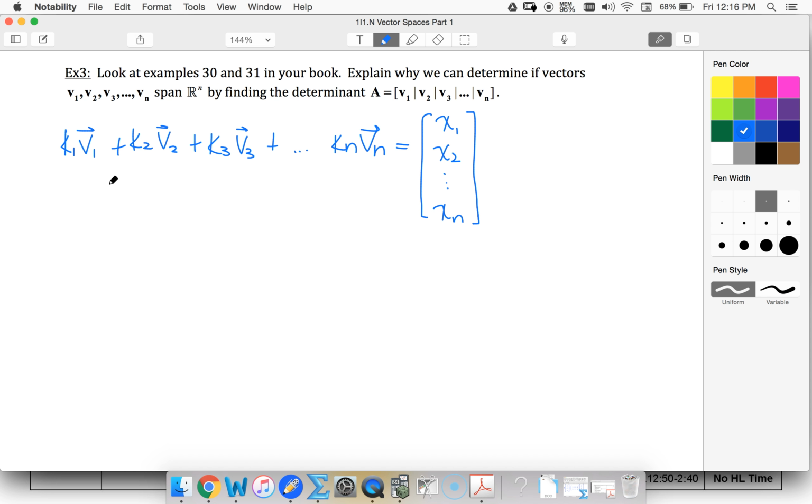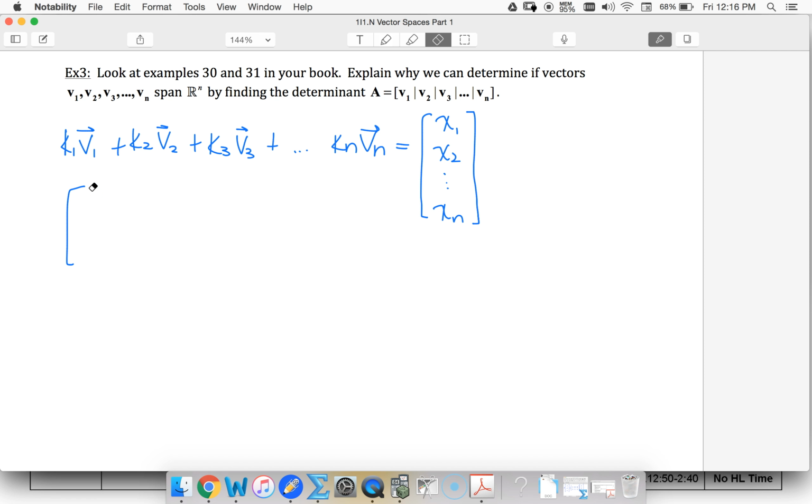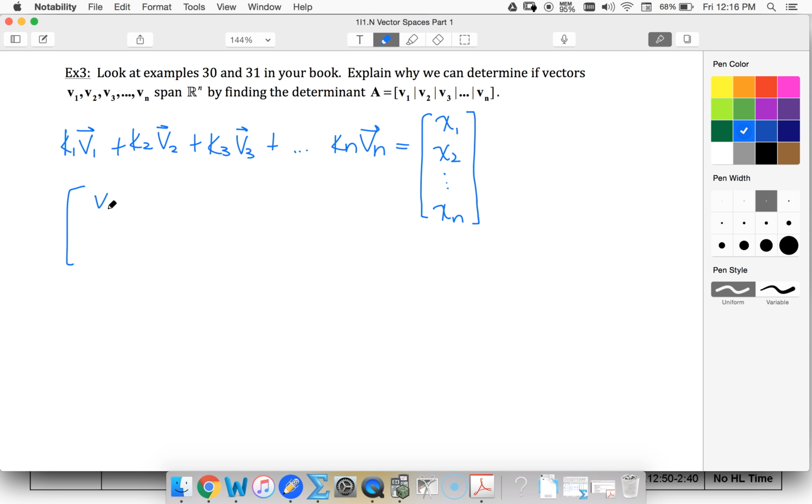This is a linear system, so I could rewrite it as my vector v1, let's call it v11, v12, down to v1n, and then v21, v22, down to v2n, etc., down to vn1, down to vnn.